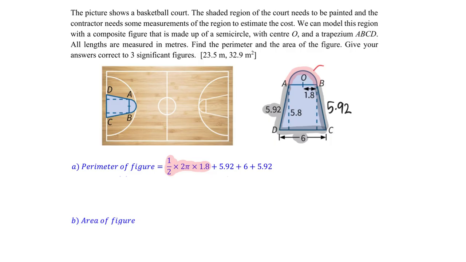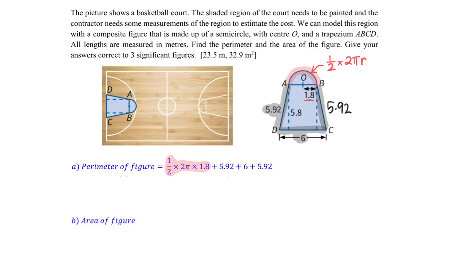The semicircle, please remember, is 2 pi r. I will still need to times half. Half of 2 pi r, where the r is 1.8.